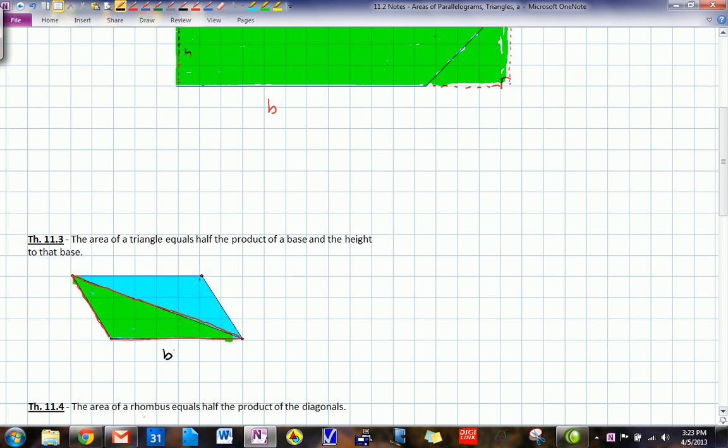So if this is the base, and remember the height I'm going to draw out here is here, then the area of the whole parallelogram is equal to base times height, but the green region is only 1/2 of that. So the area of the triangle is 1/2 of the base times the height. Okay? So there's another formula that you need to remember.